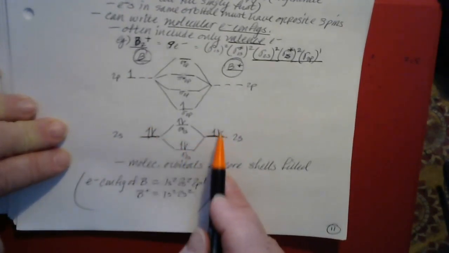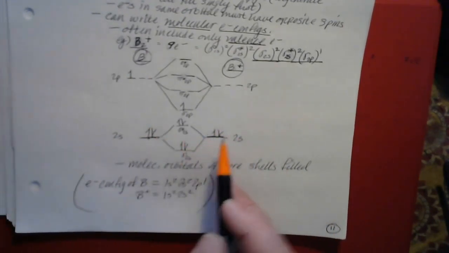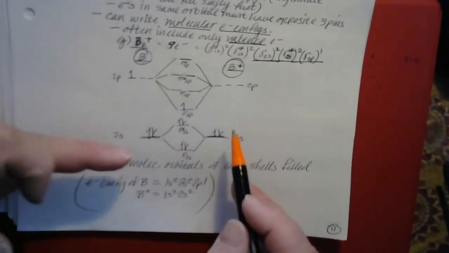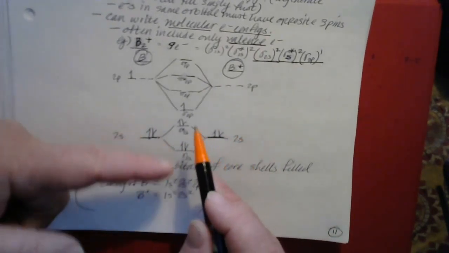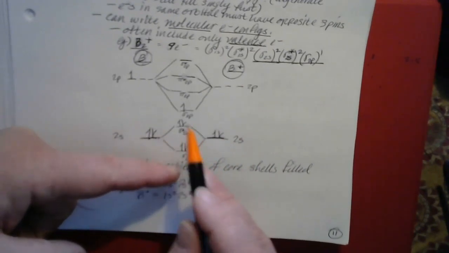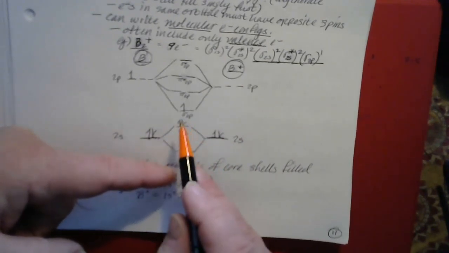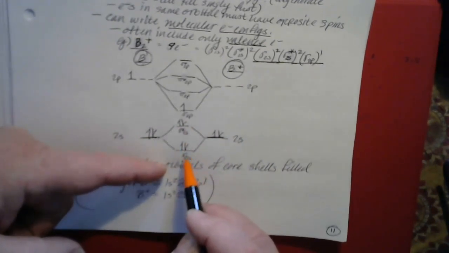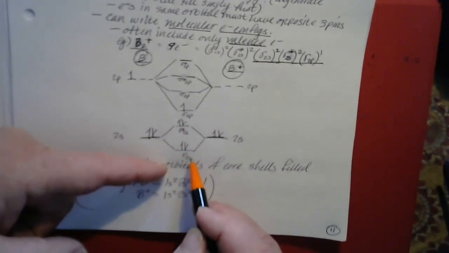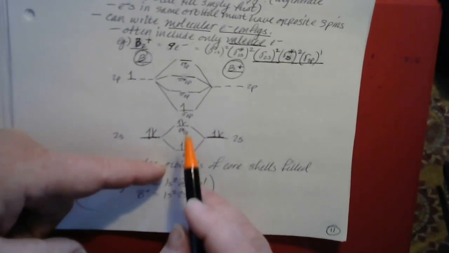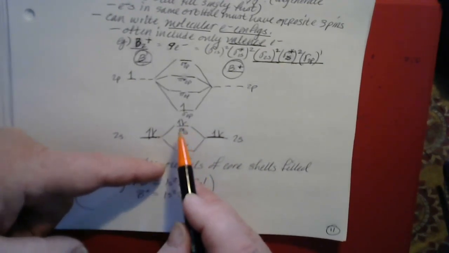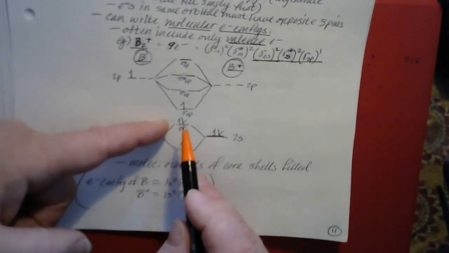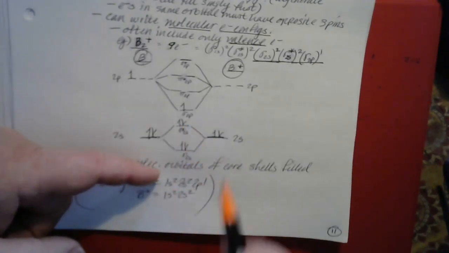Each of them has 2 electrons. When these atomic orbitals come together to form a molecular orbital, they split into 2 molecular orbitals, which are right here in the center. The lower energy one is the sigma 2s bonding orbital, and the higher energy one would be the sigma star 2s anti-bonding orbital.